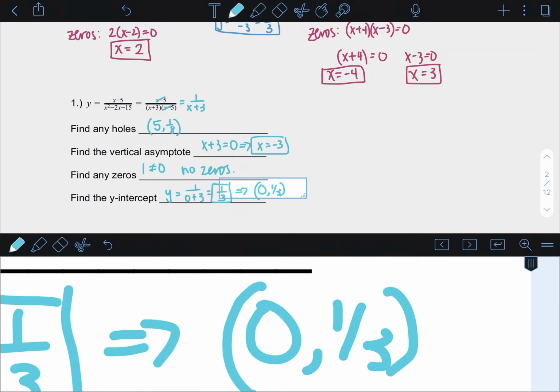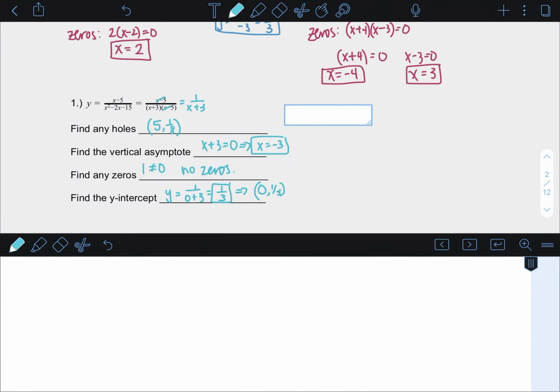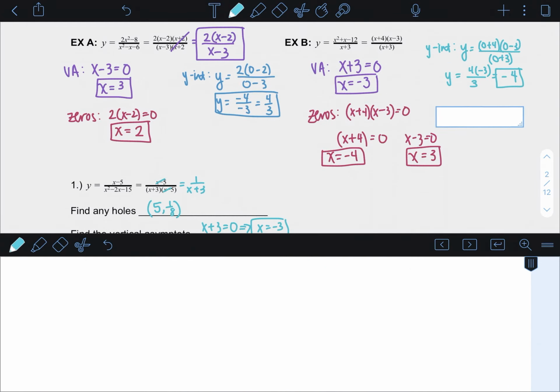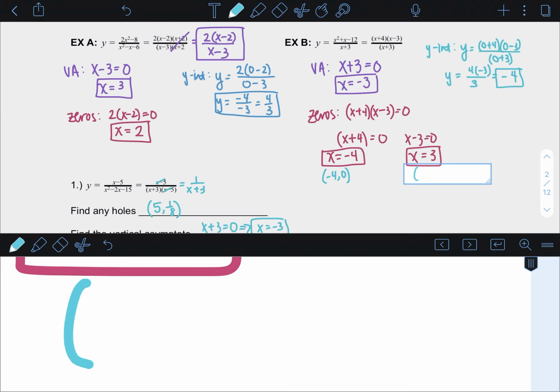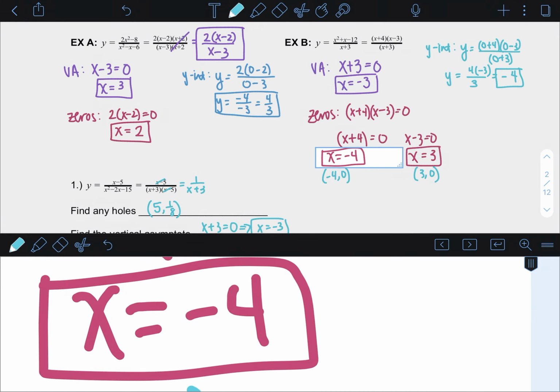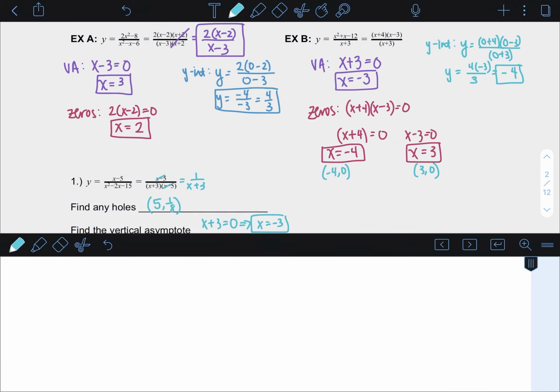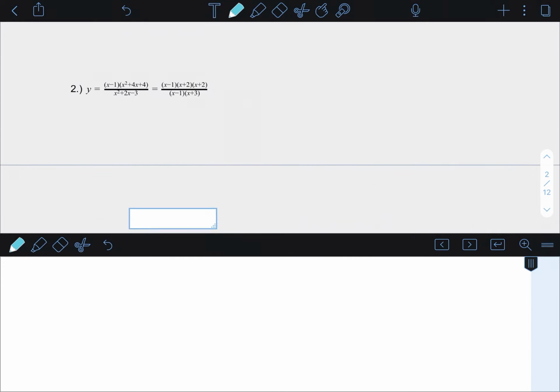So I just want to make that distinction. I did forget to include that over here for these values, but you can go ahead. The zeros, this would be negative 4, 0, and 3, 0. So we do often just write zeros as x equal to negative 4, or y-intercepts as y equal to negative 4, whatever it may be, but remember they are points, so they have that 0 component to it.